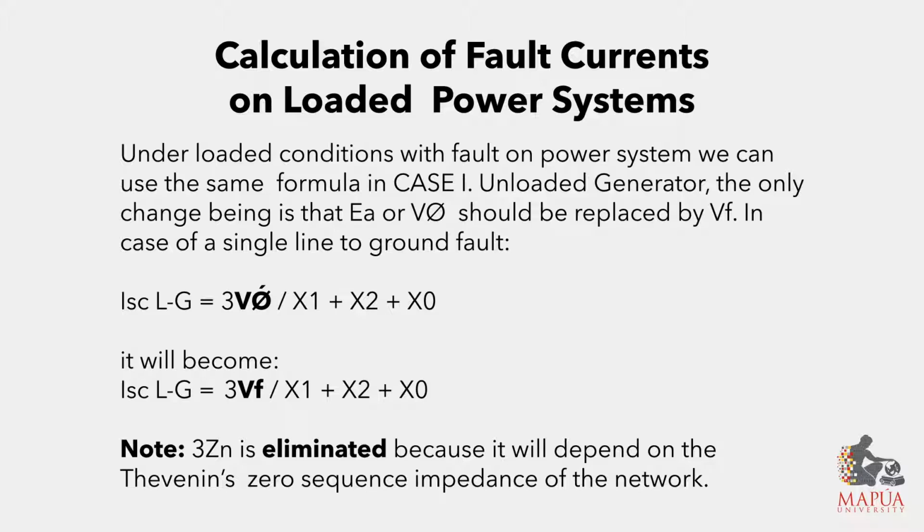In case of a single line to ground fault, the short circuit current will be equal to 3 times the phase voltage divided by the sum of the reactances, X1, X2, and X0.